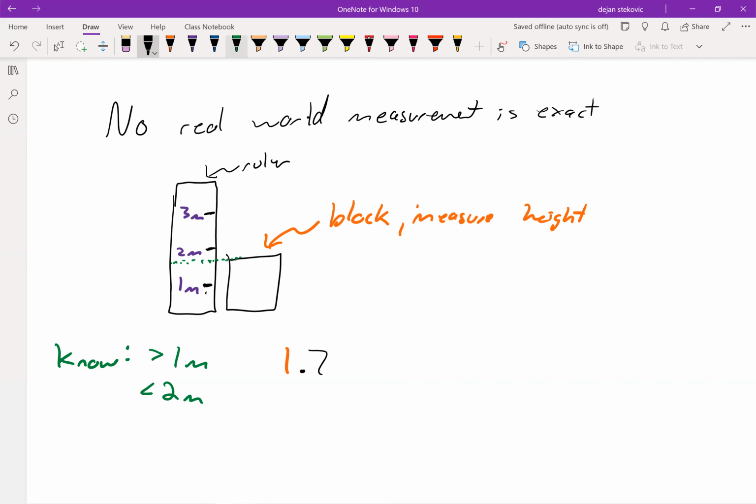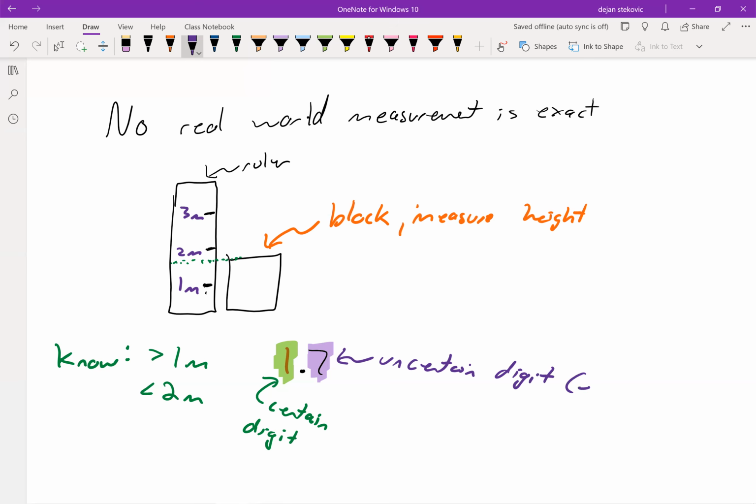This first number is a certain digit. And we know that one is true, right? It's obviously greater than 1 meter and less than 2 meters. This next number is the uncertain digit. And the uncertain digit is the estimated number.